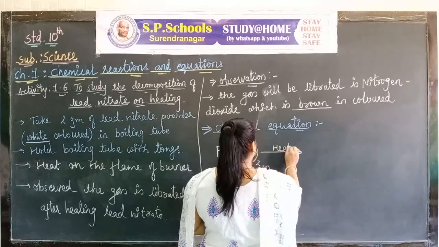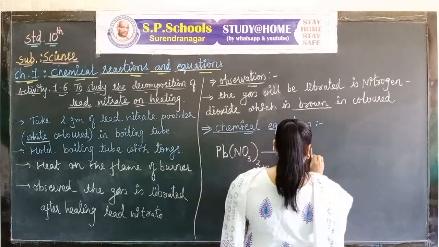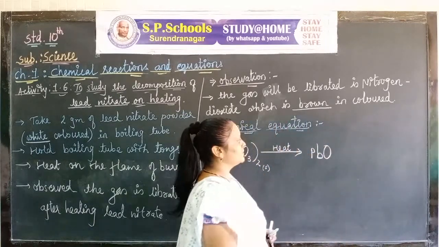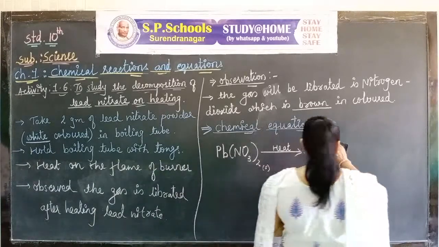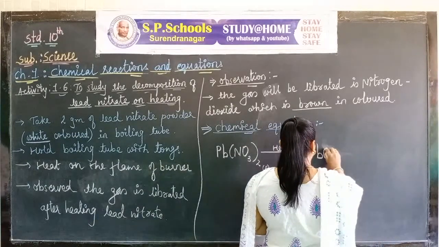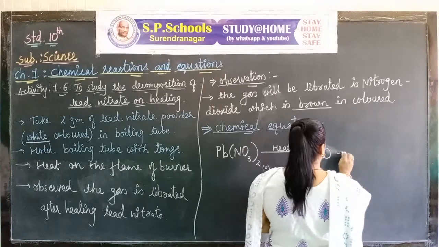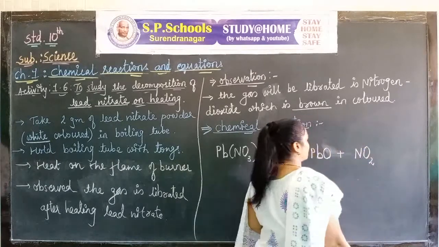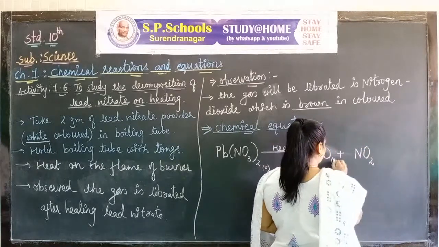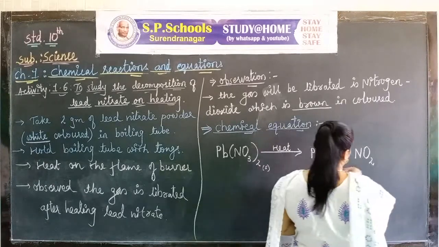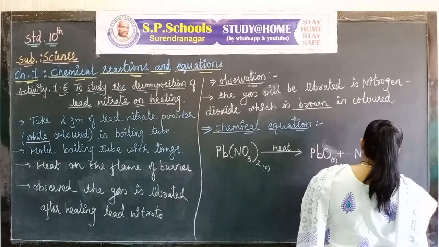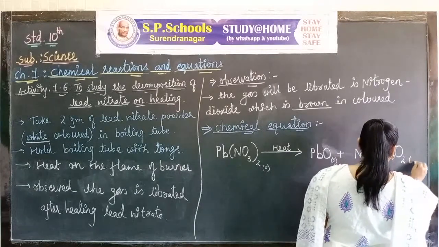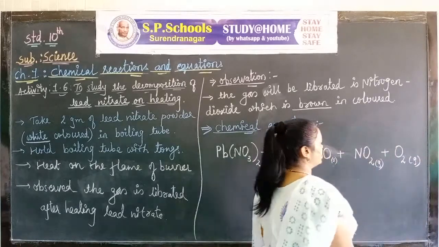After heating, so we write heat. It is converted into lead oxide, so we write PbO. The gas liberated is nitrogen dioxide. The physical state of the oxide is small s, nitrogen dioxide is gas, physical state small g, and oxygen is also small g.